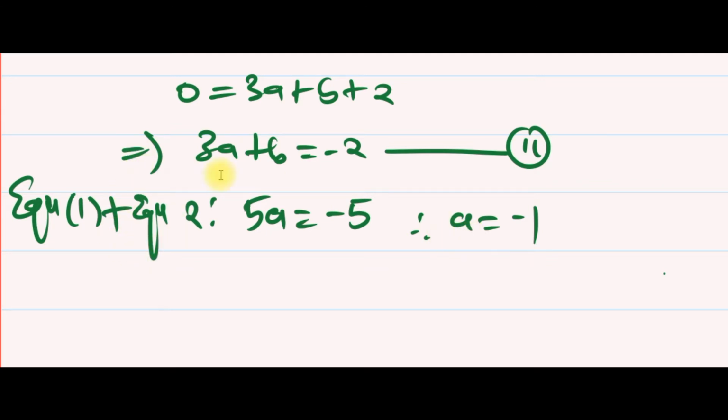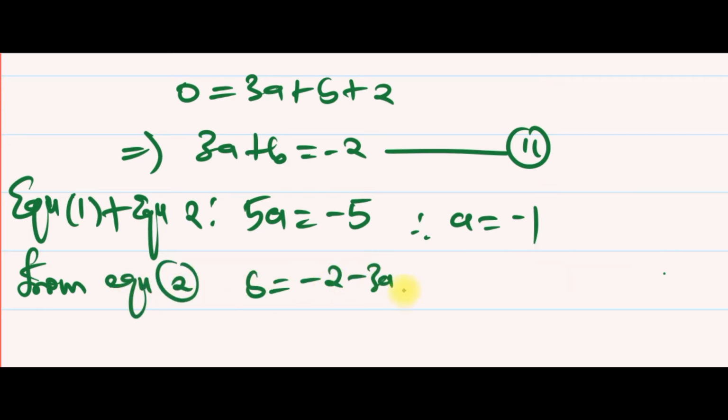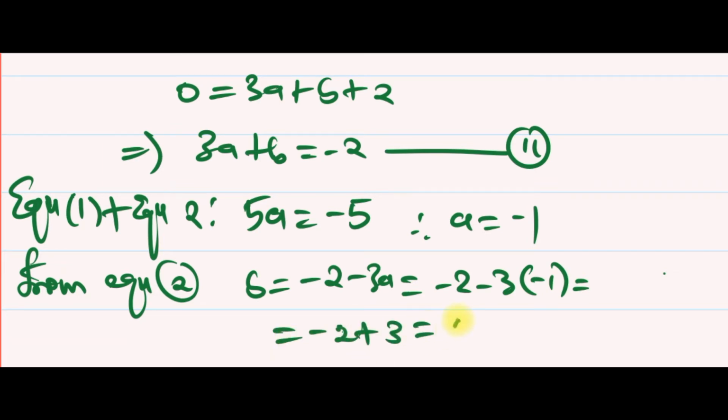To get b, we choose any of the equations and substitute the value of a. So let's choose equation 2. From equation 2, we are looking for b now. From equation 2, b is minus 2 minus 3a, which is minus 2 minus 3 times minus 1, which is minus 2 plus 3, which is 1.